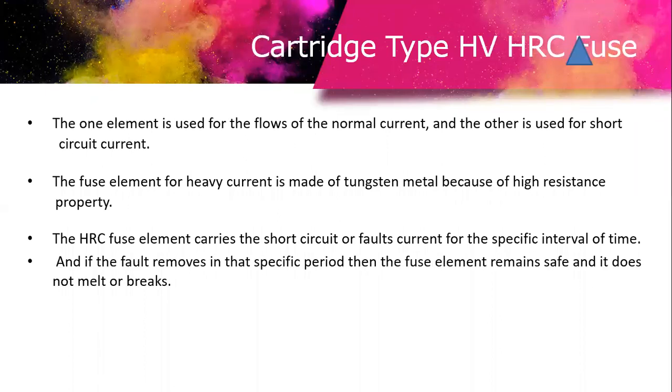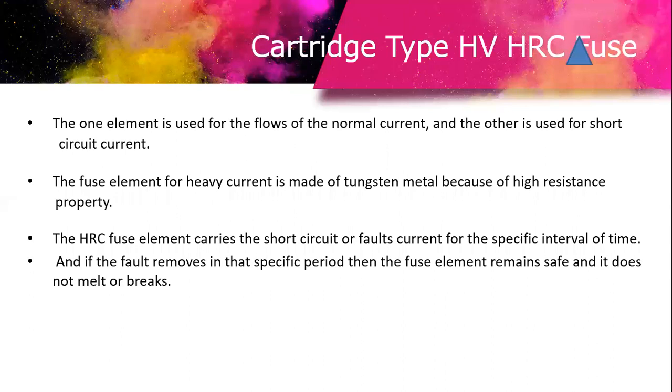If the fault is removed in that specific period, then the fuse element remains safe and does not melt or break. What do we mean by this? If the fault occurs for some fraction of a second, then it recovers, and there is no need to replace the fuse element.